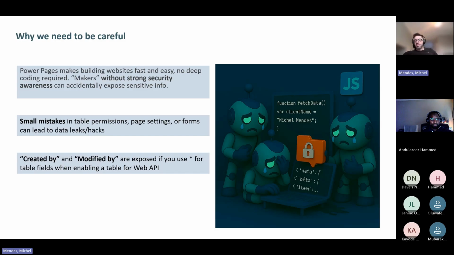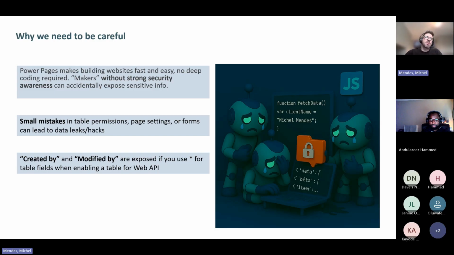One of the simple examples as well. If we enable all the fields in a web API, even though it's read-only, like we enable a web API just to create a fancy UI for our website and customize it whatever way we want, nobody's going to be able to modify our content if we put it as read-only.